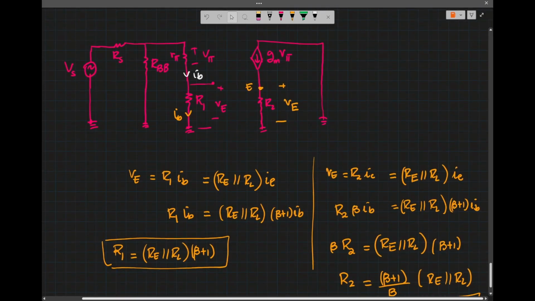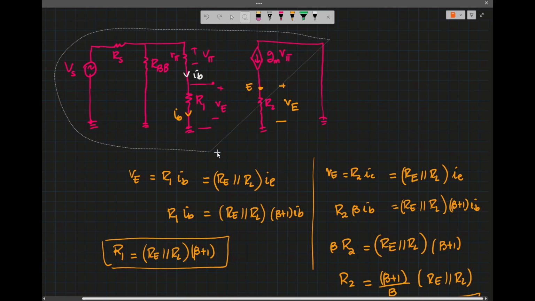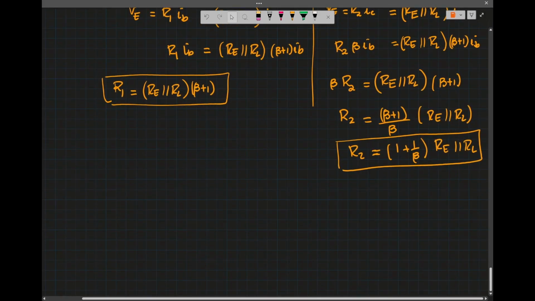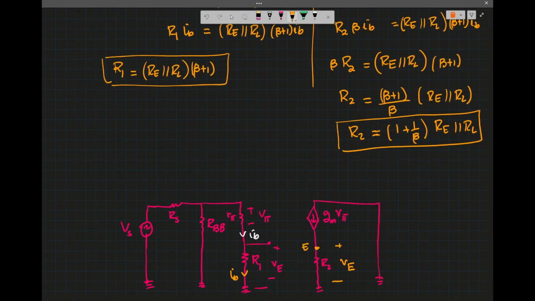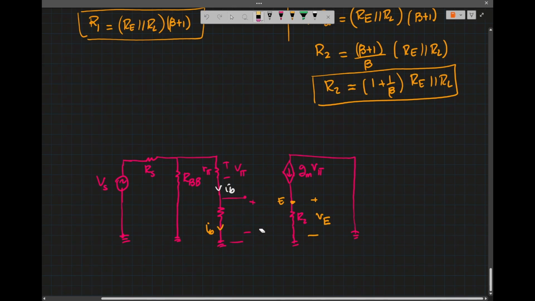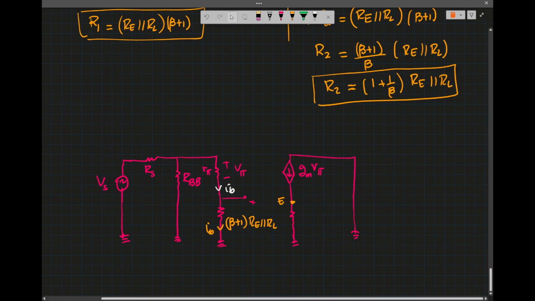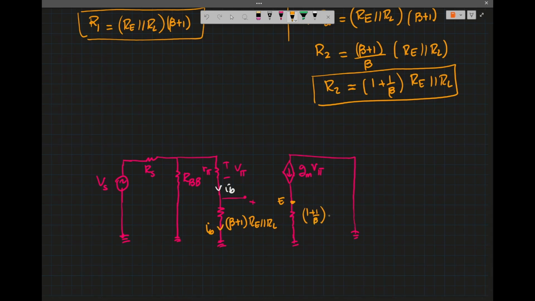So I could take the network that I sketched over here, copy and paste it here, and replace this by beta plus 1 times RE parallel R load, and this will be 1 plus 1 over beta times RE parallel R load.